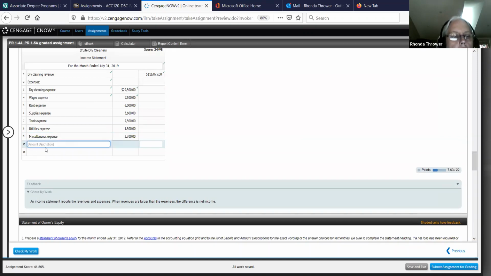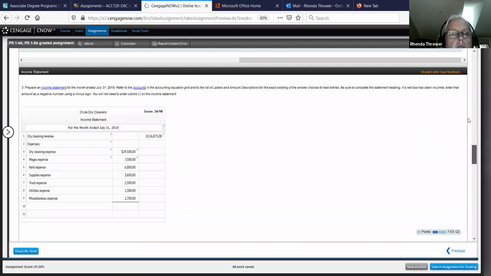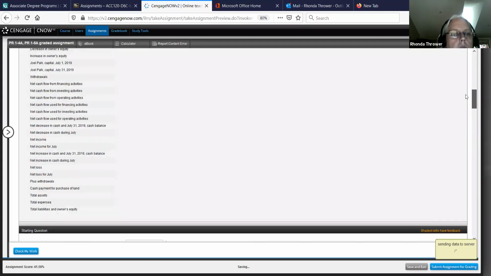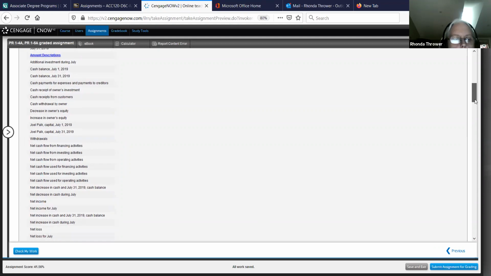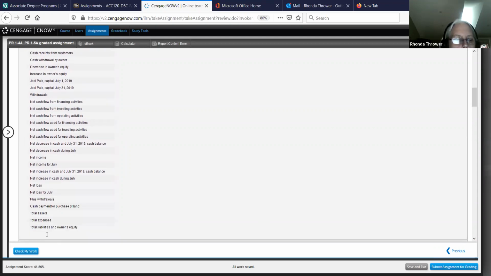Next thing it says is you need an account description. What we're going to be doing is totaling all of these expenses. So my account descriptions are right here. I'm going to look for something like total expenses. And right here it is, close to the bottom. We'll copy and paste that.